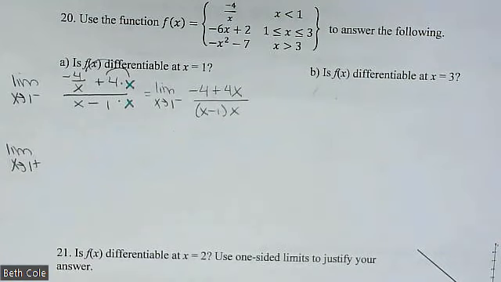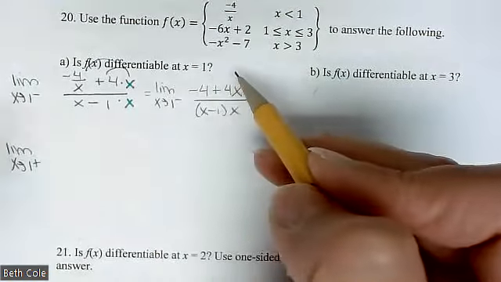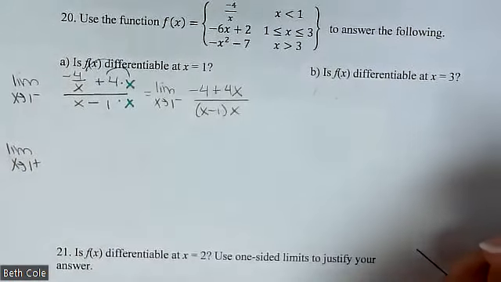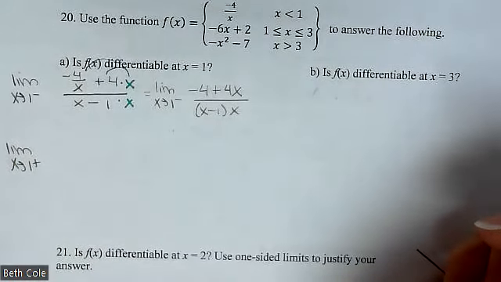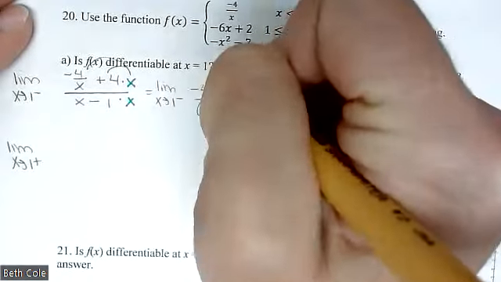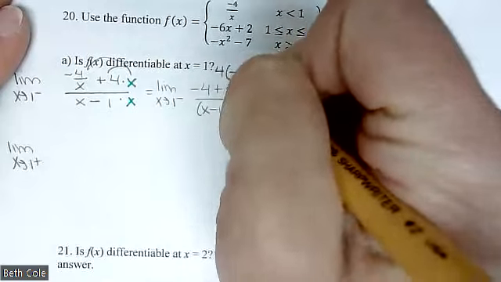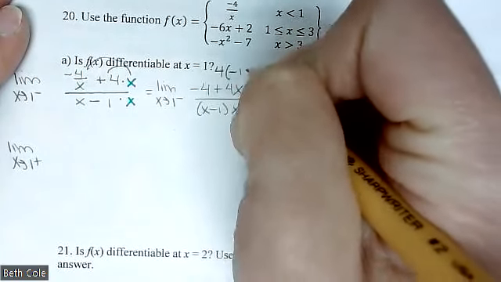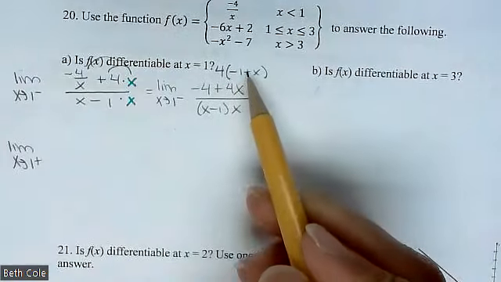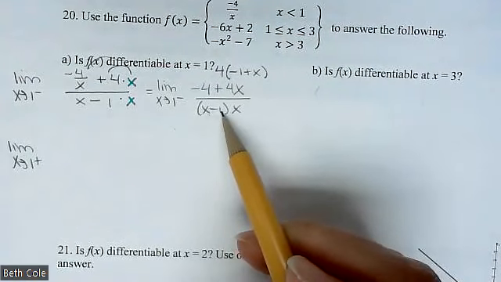And then what can you factor out of the numerator? I'm just going to write it right above there. Do we want to take out a 4 or do we want to take a -4? Just take 4. You would be left with -1 plus x, which is the same thing as x minus 1.